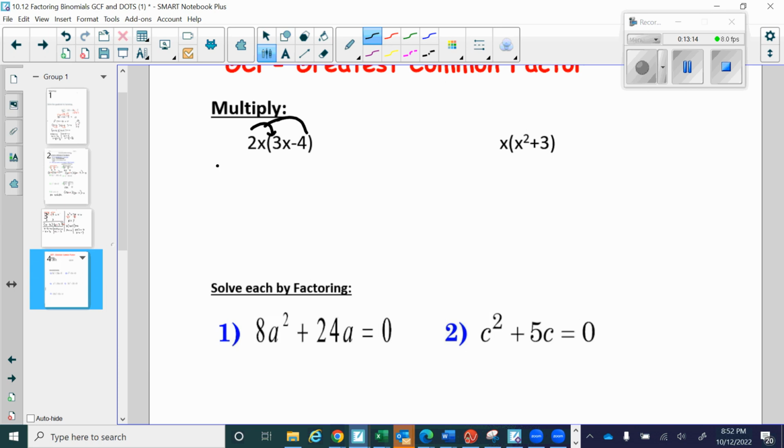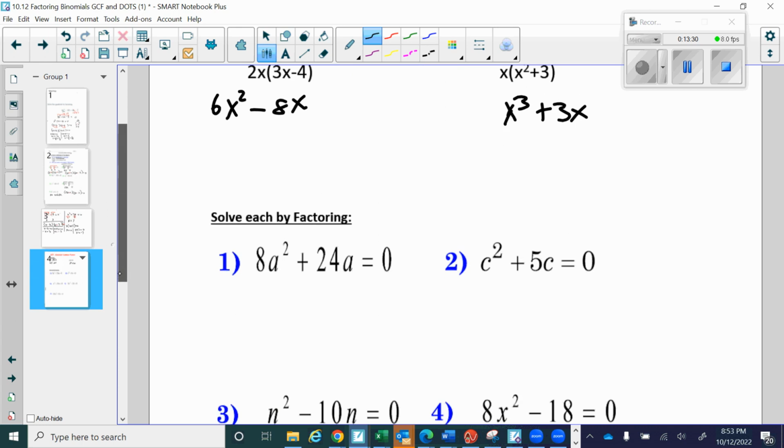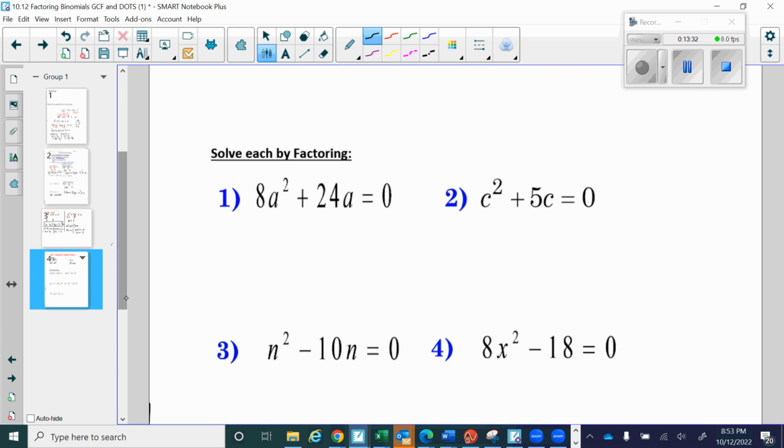All right. So now, let's look at number 8. We've got to find the greatest common factor. So we're going to look at the coefficient, the number part first, and then look at the variable. Let's look at 8 and 24.